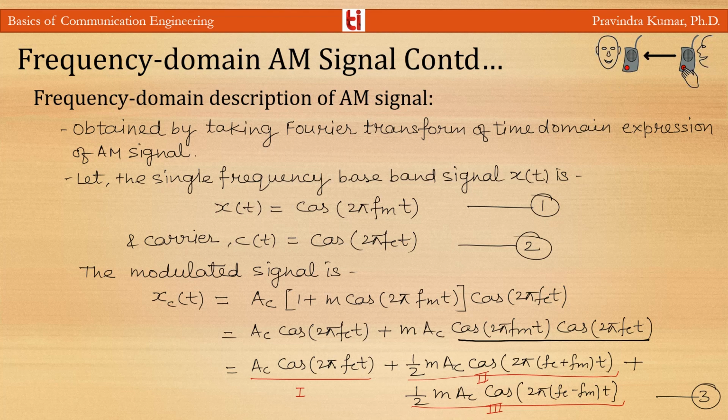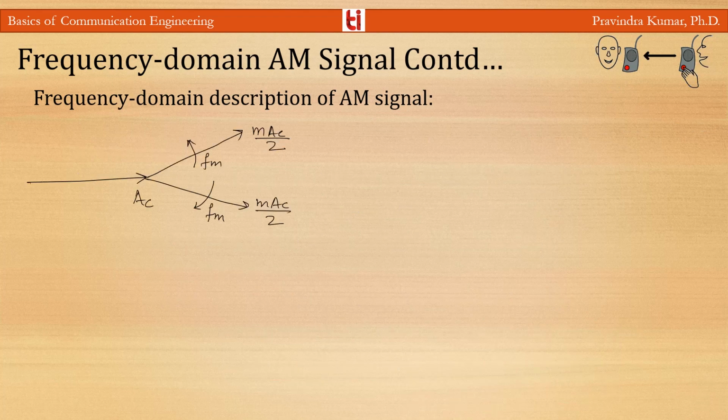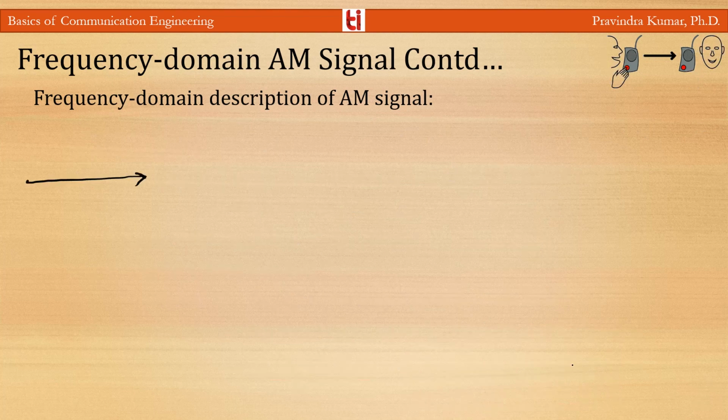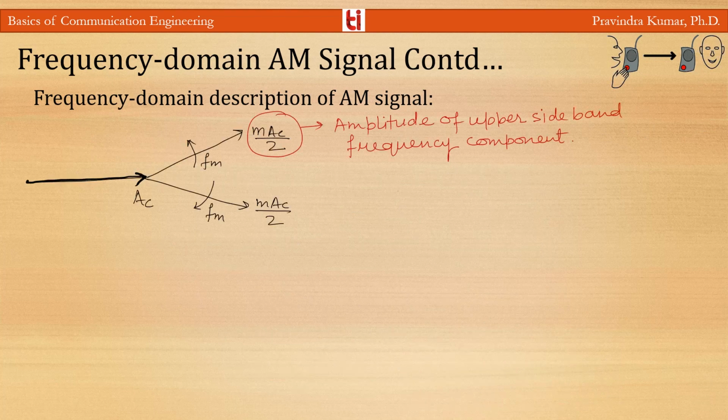And this is the phasor diagram of a single tone modulated AM signal. This is the phasor of the carrier Ac, and the upper sideband frequency component having the amplitude m Ac by 2 and frequency fc + fm.